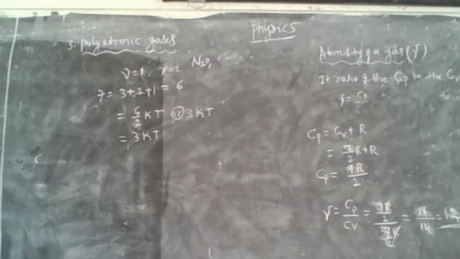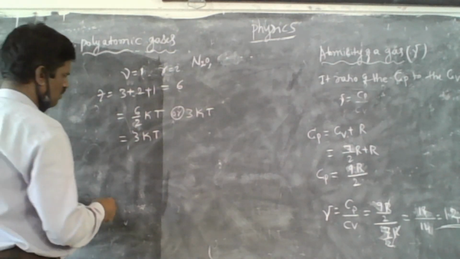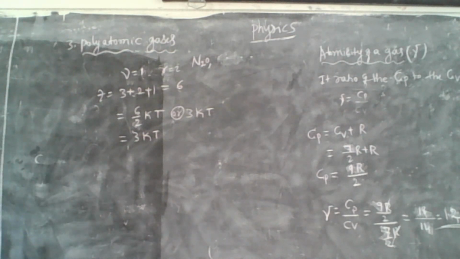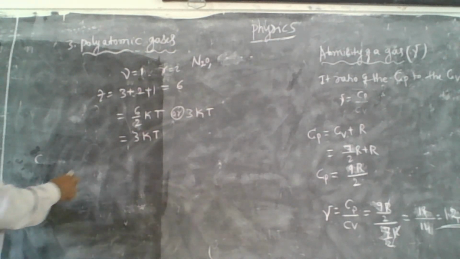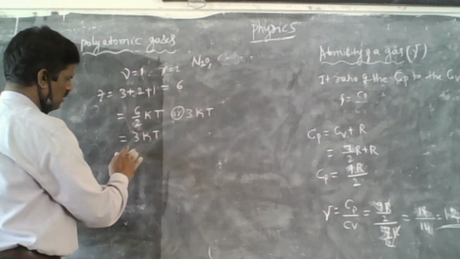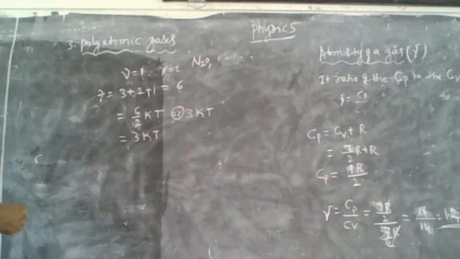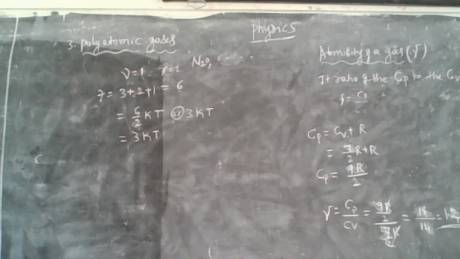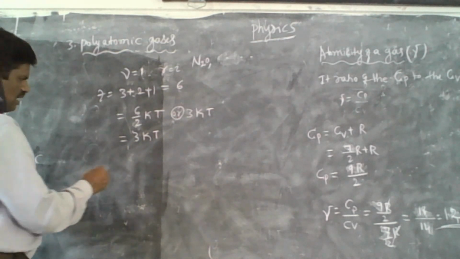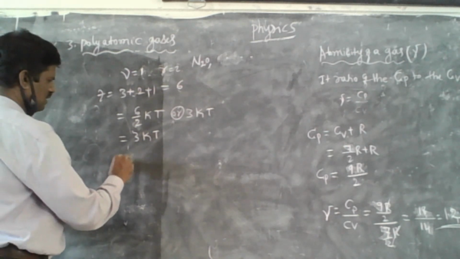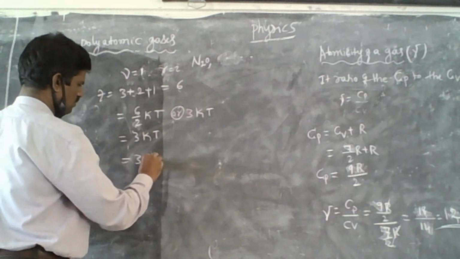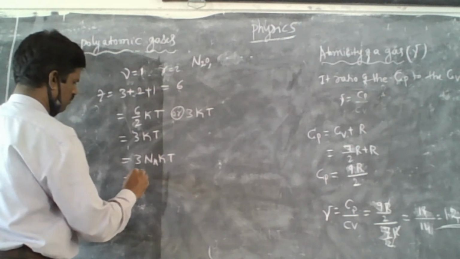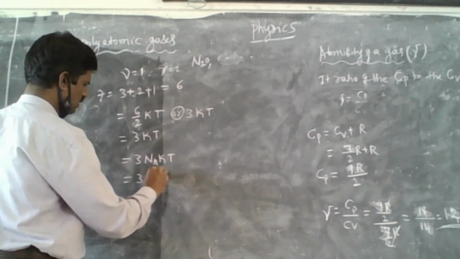Here the energy associated per molecule per degree of freedom is 6 by 2 kT, and the energy associated with the molecule is 3 kT, and for 1 mole of gas, which contains Na molecules, it is 3 Na kT, therefore 3 RT.